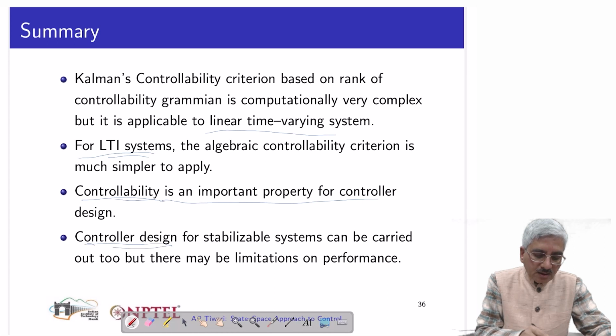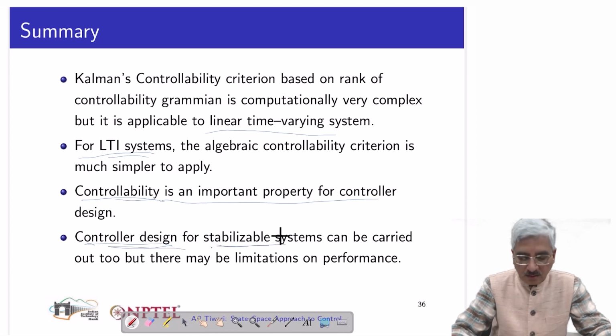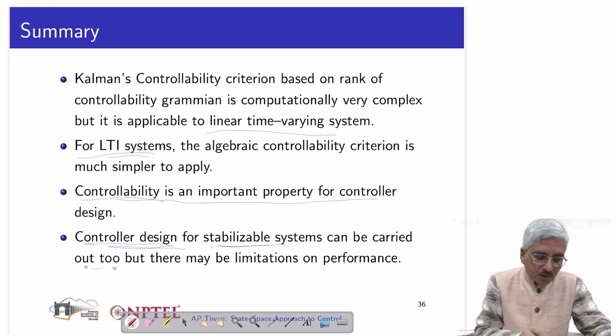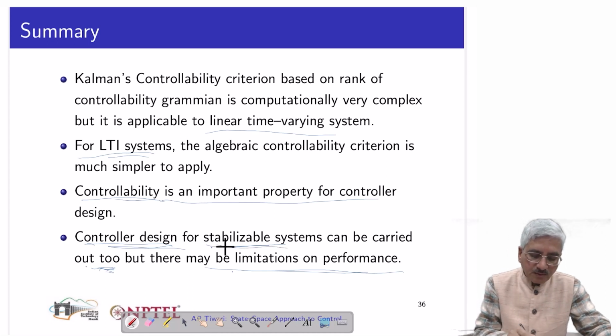And controller design for stabilizable systems can be carried out also, but there may be limitations on the performance. Performance needs to have some kind of simplifications, or some aspects of required performance have to be omitted in case of stabilizable systems.